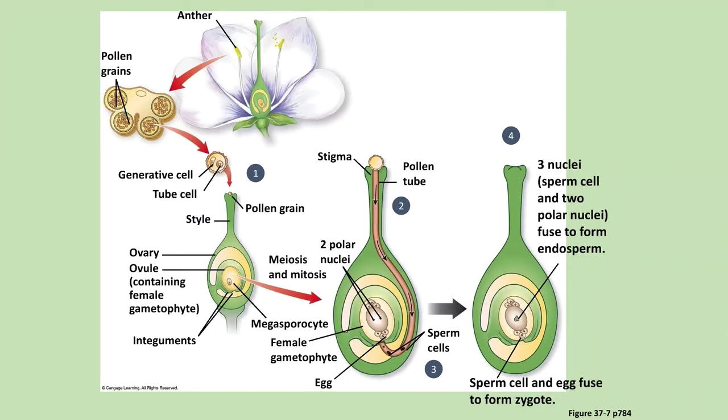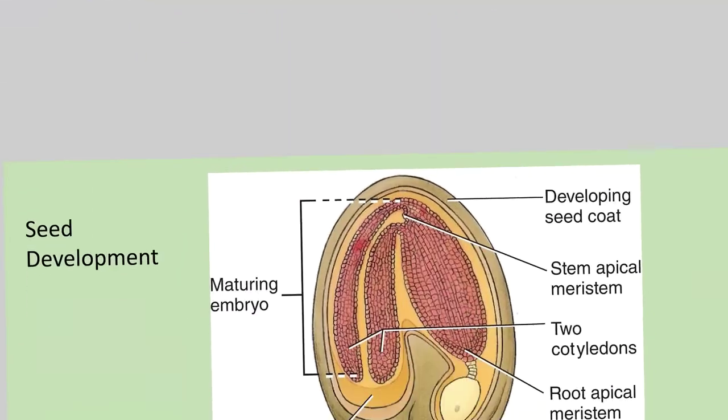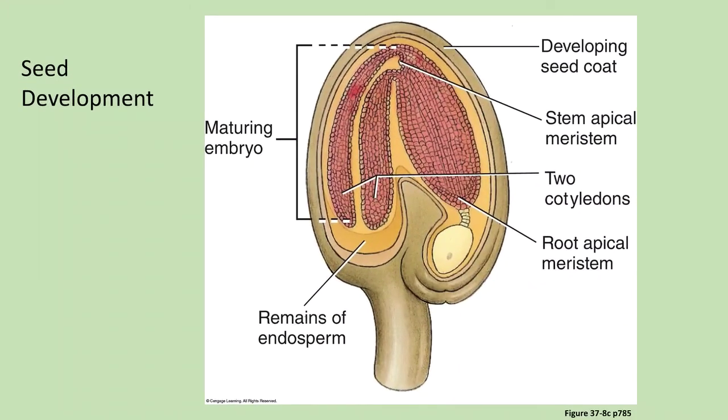So the ovules become the seeds, and we're going to see in a minute that the ovary becomes the fruit surrounding the seed. Okay, and here's a nice picture showing that seed development. Now you can see the maturing embryo inside of there. Since this is a dicot, there are 2 cotyledons in there. Remember, that was a characteristic of a dicot, 2 cotyledons.